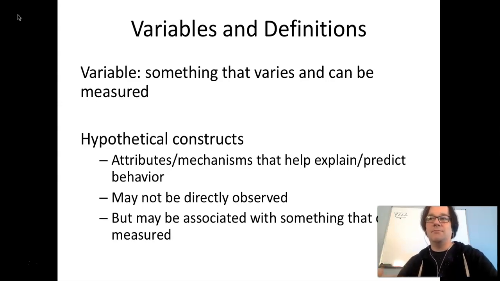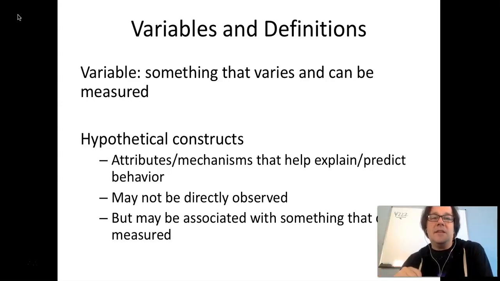Remember, we're psychologists, so a lot of the things that we're interested in are not even behaviors. Behaviors, at least we can observe. Sometimes we're interested in people's cognitions or their emotions, and those are not always observable, let alone easily measurable.